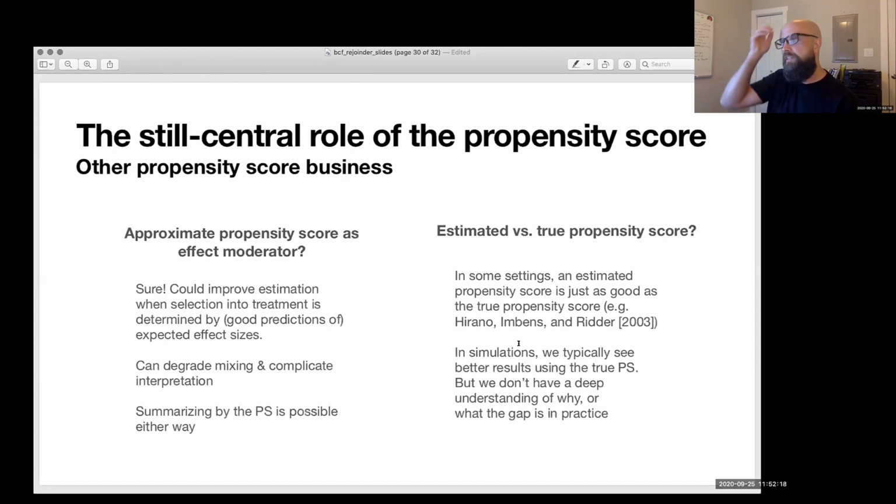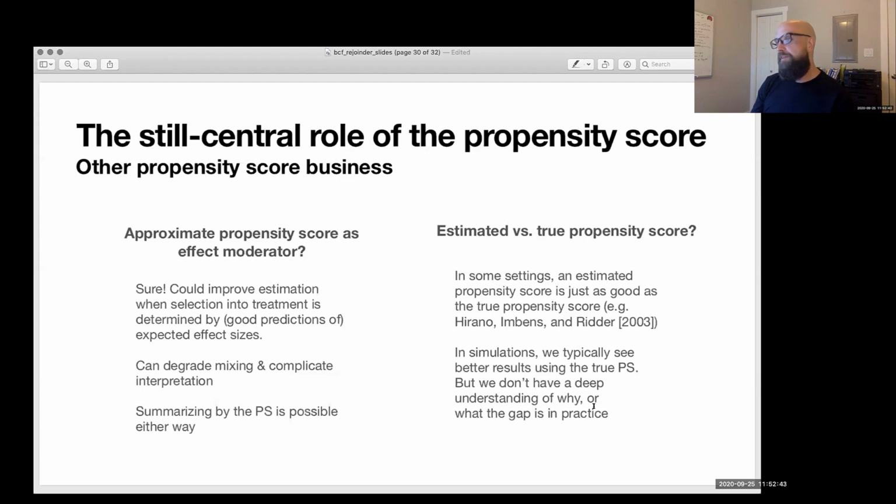Another question was about including the estimated versus the true propensity score. There are scenarios where the estimated propensity score is just about as good as the true propensity score. In simulations, we see better results using the true propensity score. That seems to hold pretty broadly. The gap is not always huge. It really just seems to come down to how well you estimate that propensity score, how close pi hat is to pi. What we find empirically is that it doesn't need to be all that close.